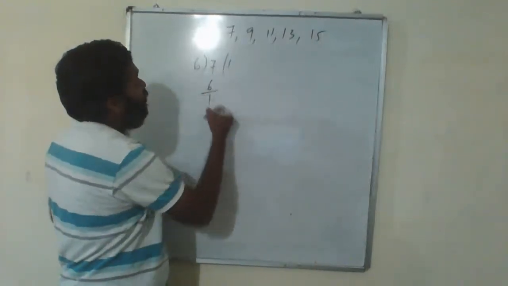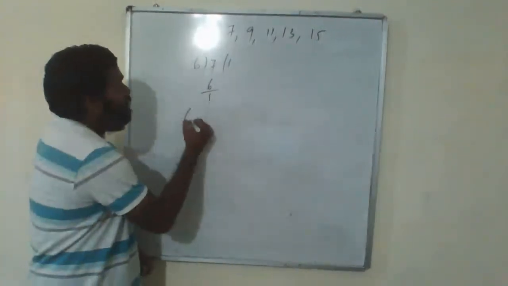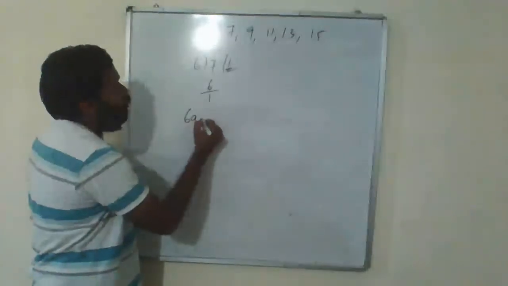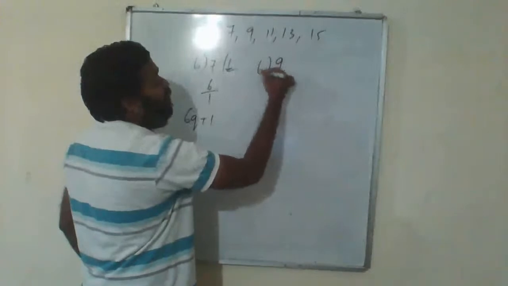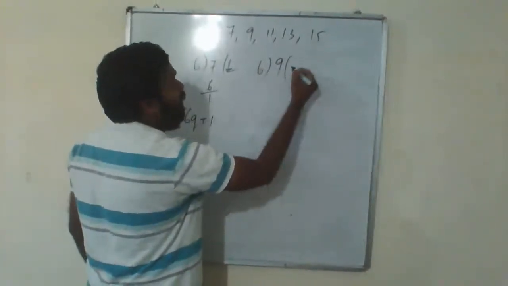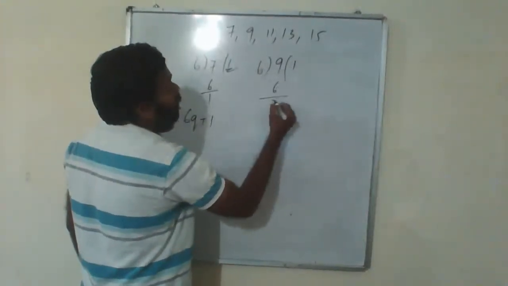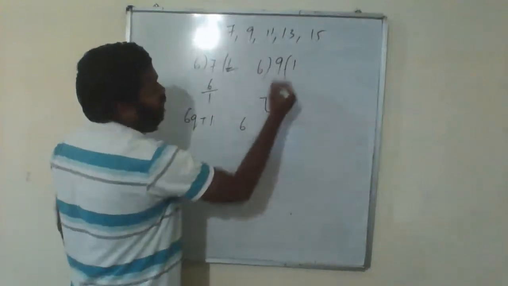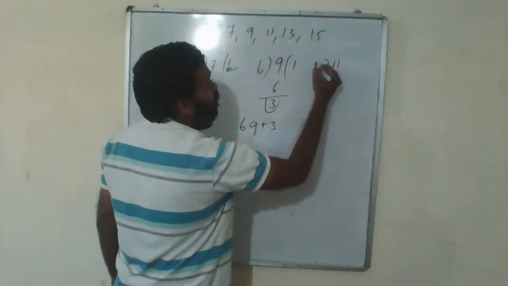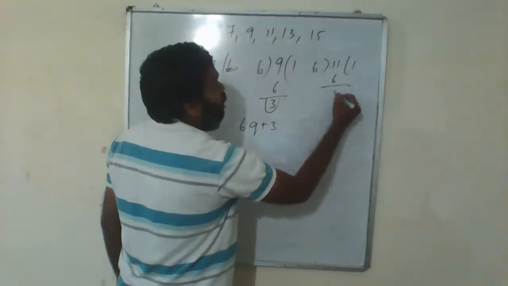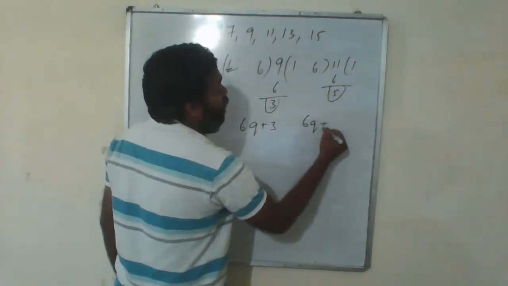6 ones are 6, remainder 1, that is 6q plus remainder 1. Next, if you go for 9 divided by 6, that is 6q plus remainder 3. If you go for 11, 6 ones are 6, remainder is 5, 6q plus 5.